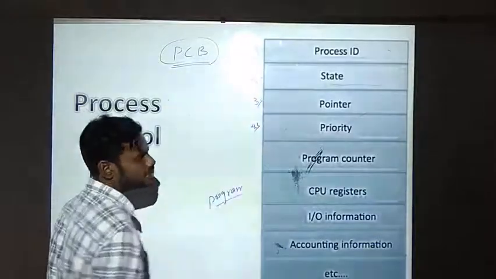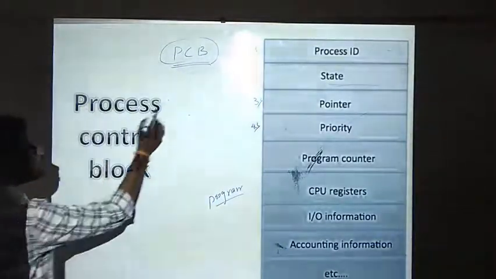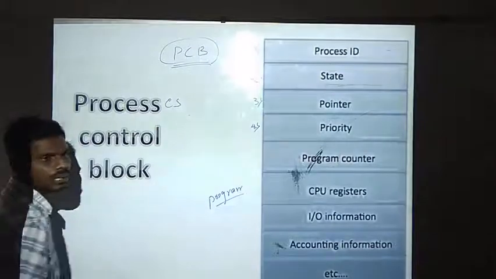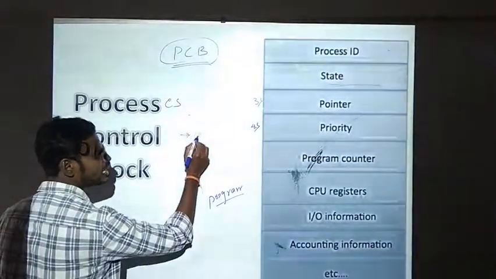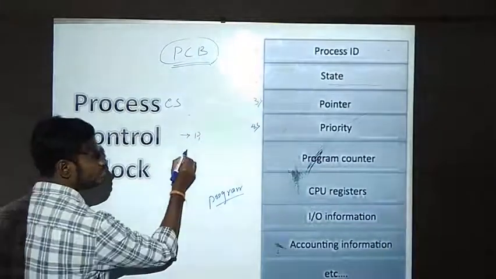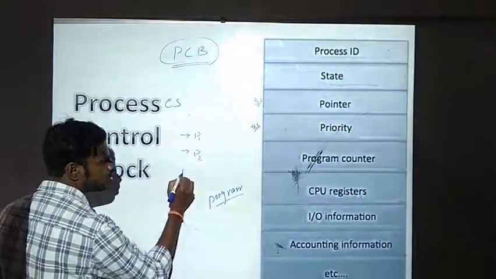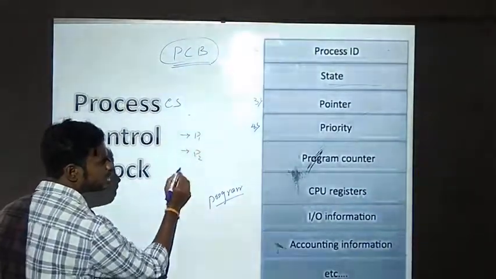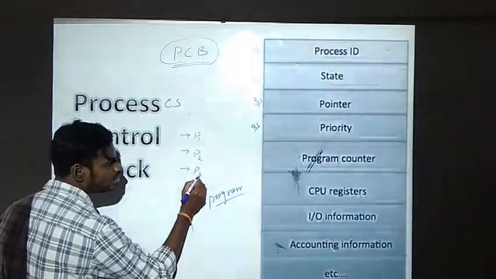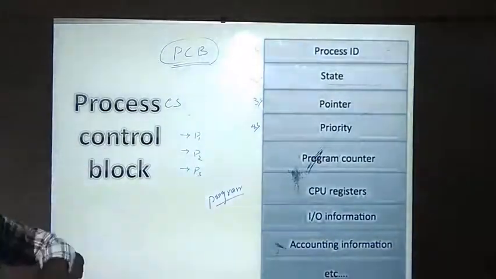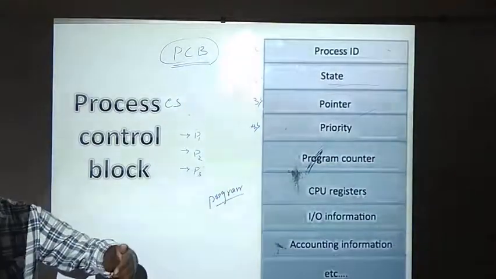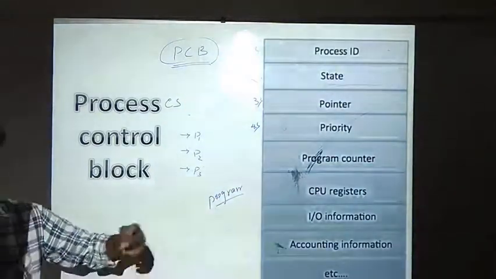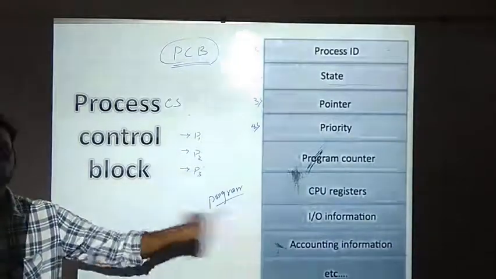And priority. When we have a number of processes, every process has its own priority. Suppose you are coming to college and you see an accident. Then you have two tasks: take the person to hospital or come to college.